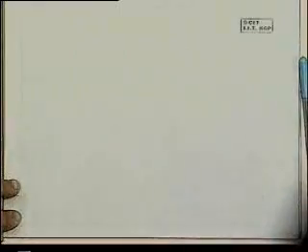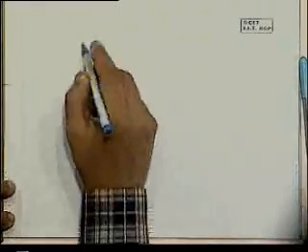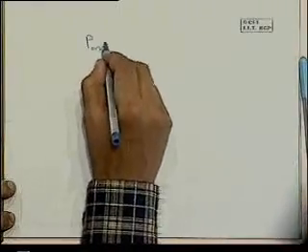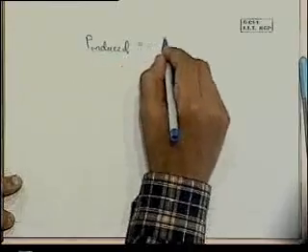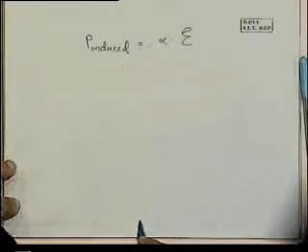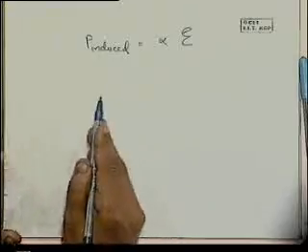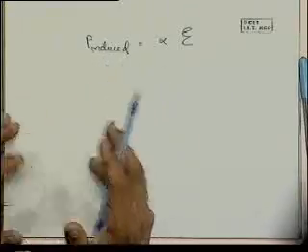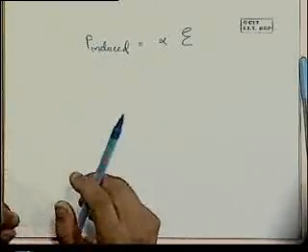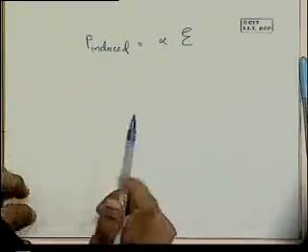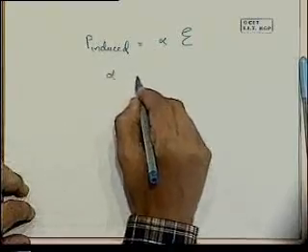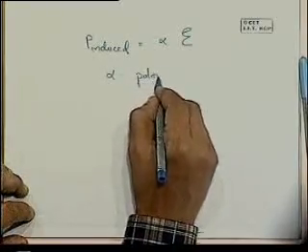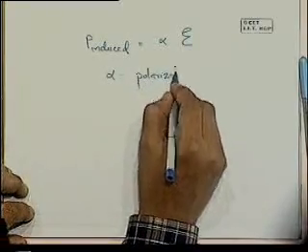And we can say something about its relationship to the applied field, namely that P induced is equal to alpha times the field. It's proportional to the field is the basic idea. You increase the field, you increase the dipole moment that is induced. What is alpha? Alpha is known as the polarizability of the atom.